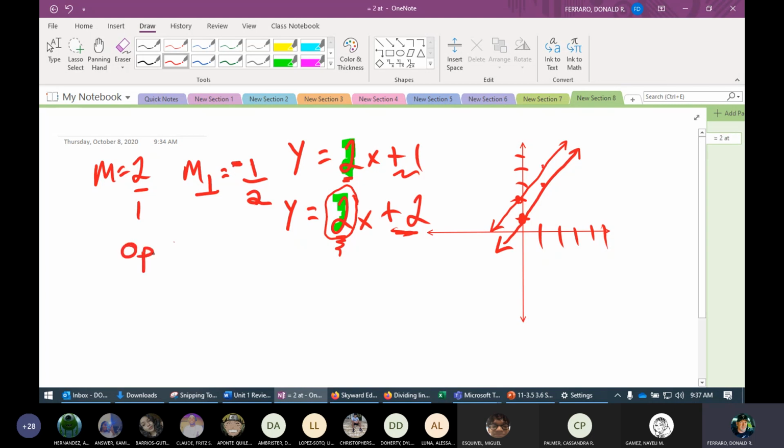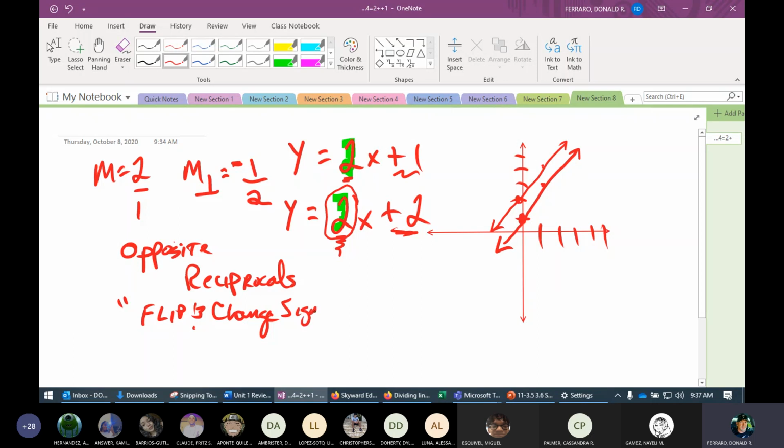Make a note on that. Opposite reciprocals. Flip and change the sign. So when they ask for a perpendicular line, you're going to flip and change the sign.